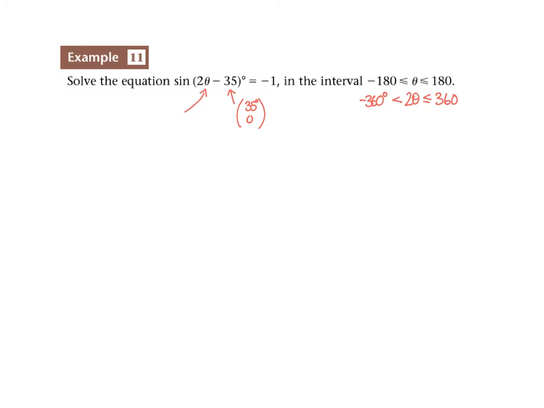We have sine 2 theta minus 35 is equal to minus 1.